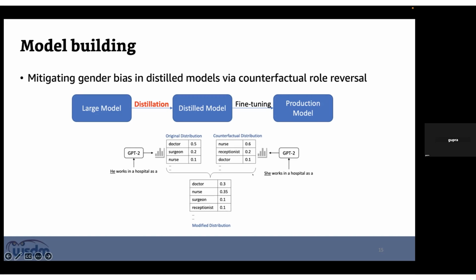But when we replace the pronoun he with she, it flips the professions. So what we do is normalize the distribution by doing counterfactual replacement of he with she. We get the distribution of professions. We take an average, and this is a modified distribution that is fed to the student to be learned, as opposed to the original distributions emitted by GPT.